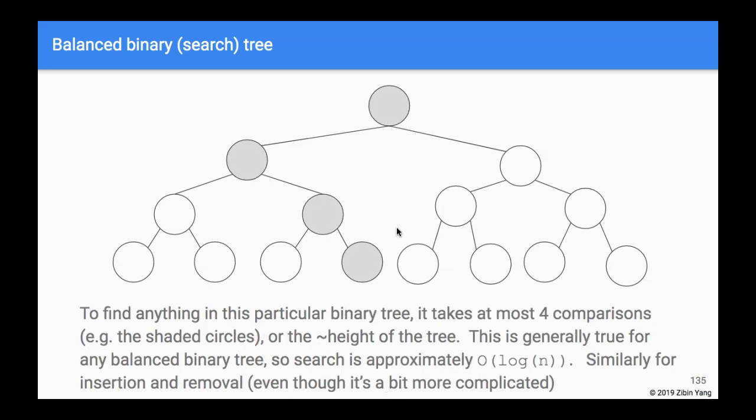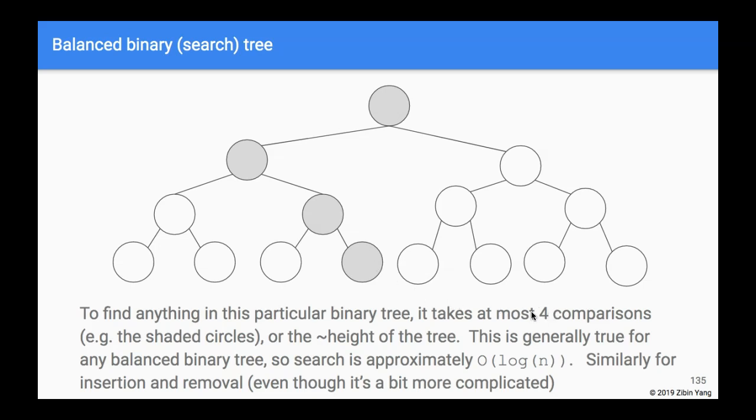Okay, so what happens when we want to find anything in this tree? How many comparisons does it take? Well, it takes at most 4 comparisons to find anything, right? So one potential path is, we start at the root, we go down one level, another level, and finally, on the 4th comparison, we are guaranteed to reach a leaf node in this tree.